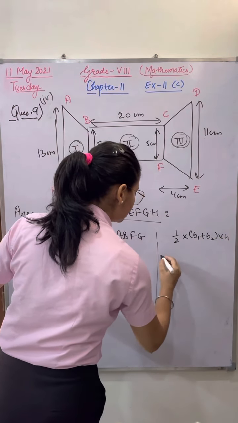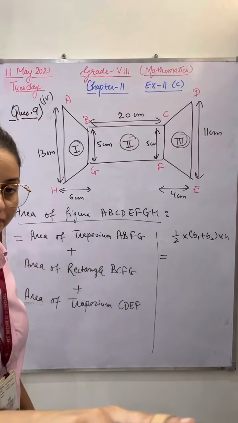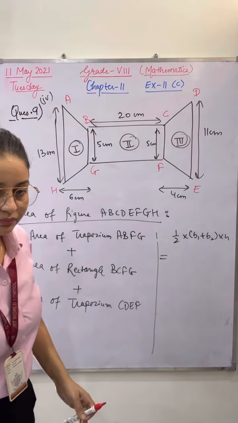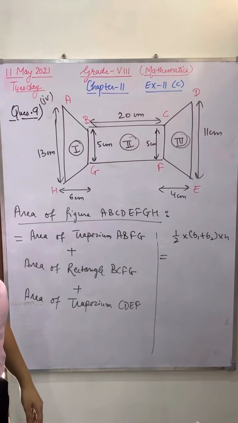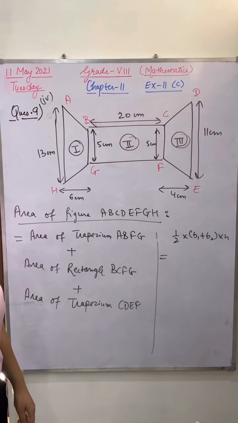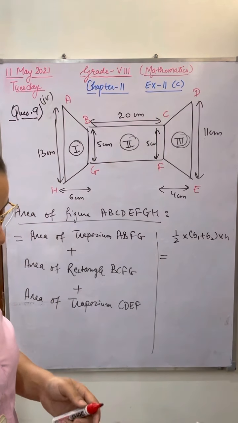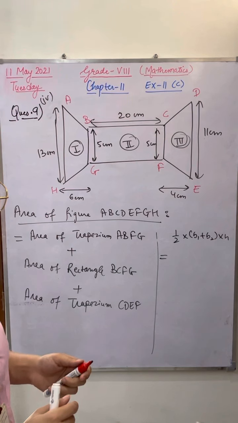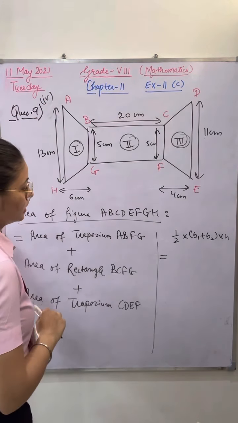Now please tell me, B1, B2 are given in this trapezium. What is given? B1, B2 is how much?